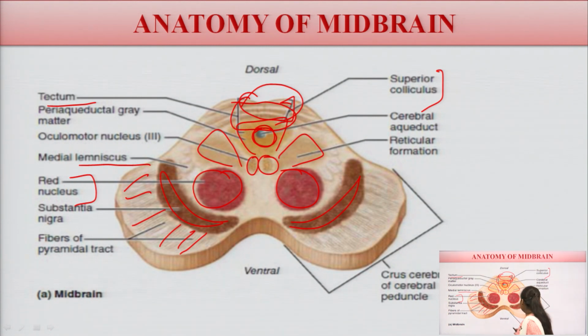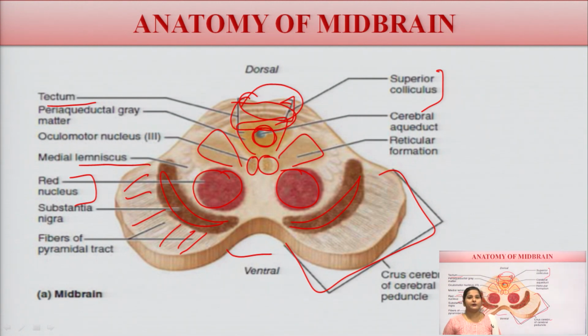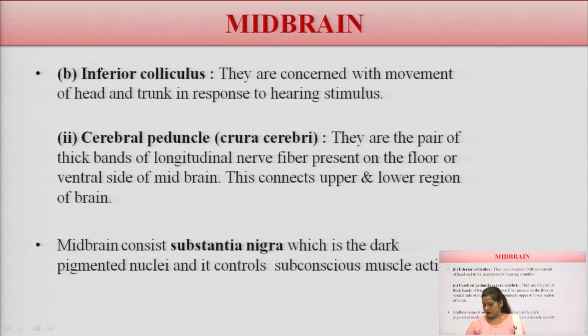This is the structure of the midbrain, and this part is the crus of the cerebral peduncle, and this is the ventral side. Now, the inferior colliculus is connected with the movement of head and trunk in response to a hearing stimulus.